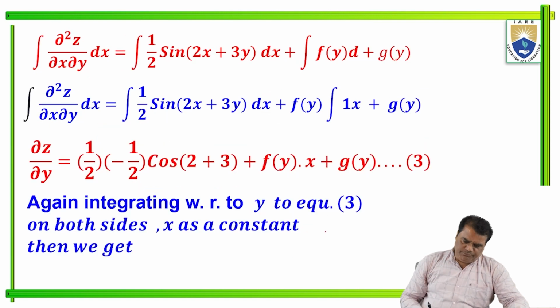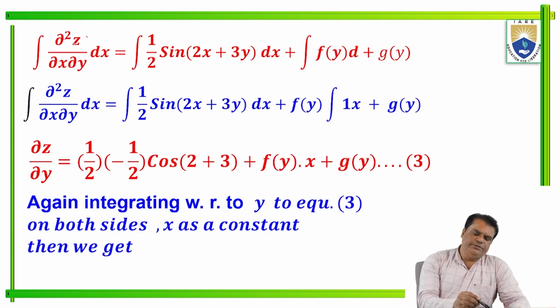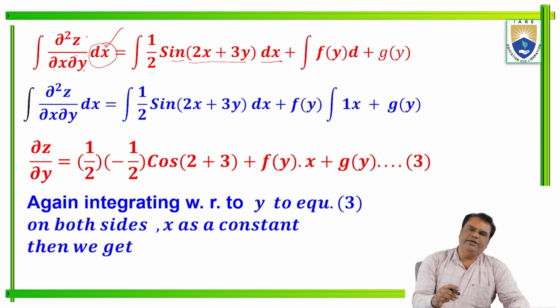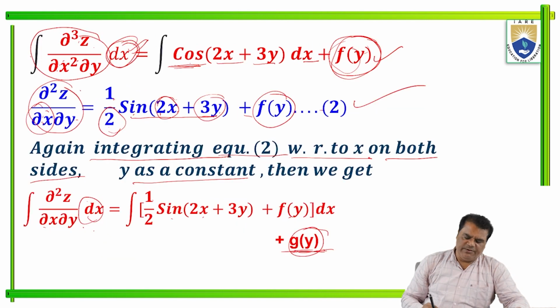So next, ∂²z/∂x∂y dx, integrating with respect to x, equals the integration of 1/2 sin(2x+3y) dx. We are breaking the integration in brackets. So there are two functions, sin(2x+3y) and f(y).